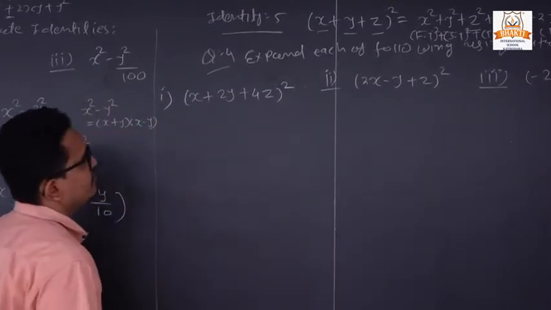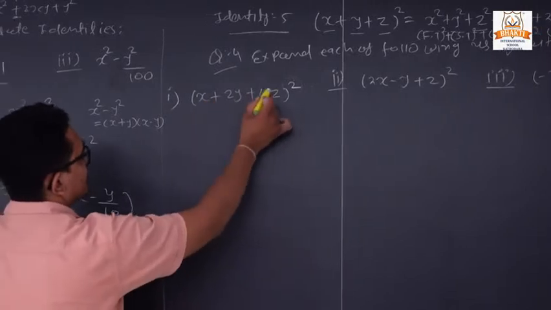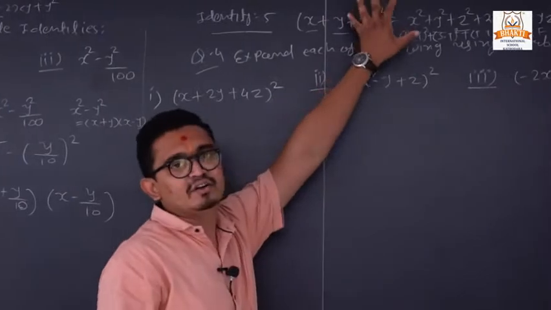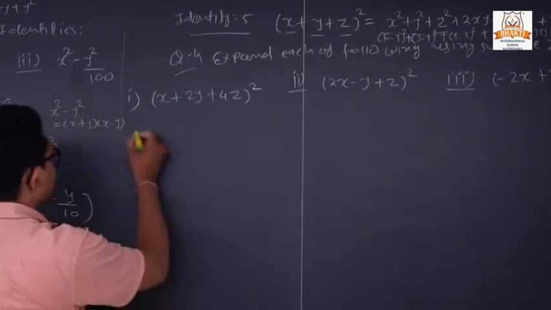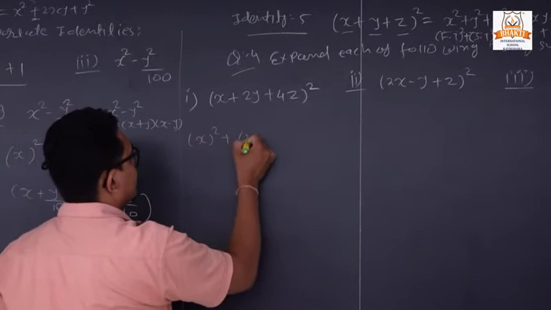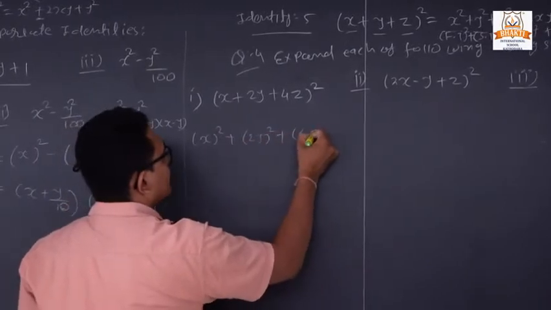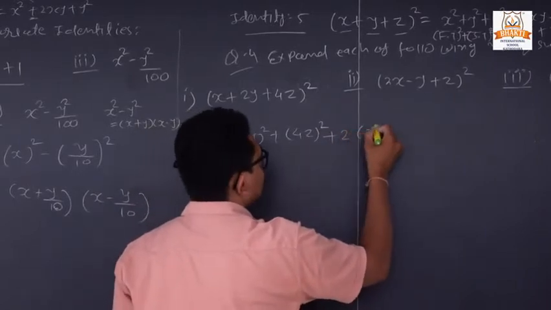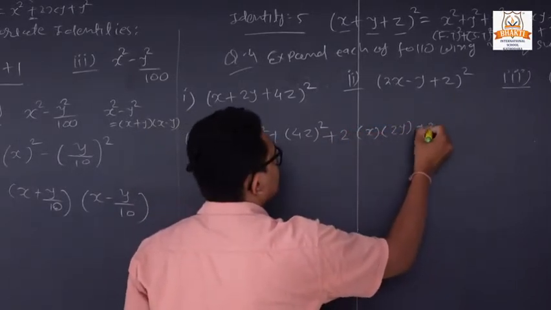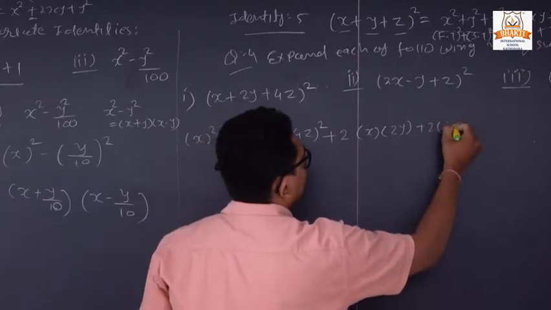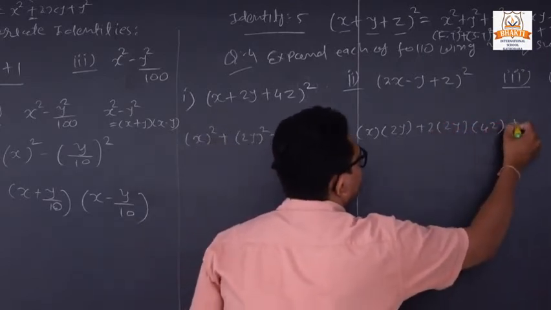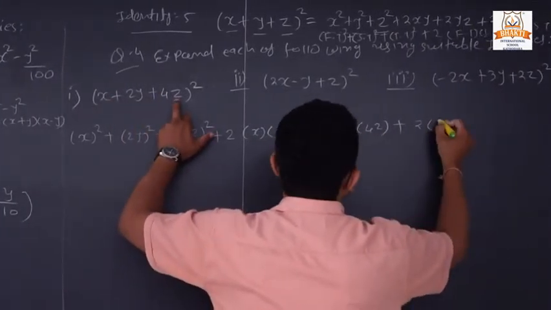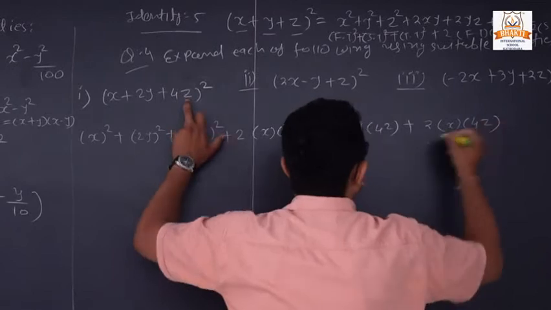So see question number 1. x plus 2y plus 4z all square. Same, all 3 terms squared. First term square plus second term square plus third term square, then 2 into first term into second term plus 2 into second term into third term plus 2 into first term into third term. Clear?